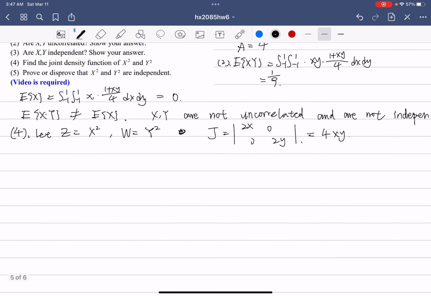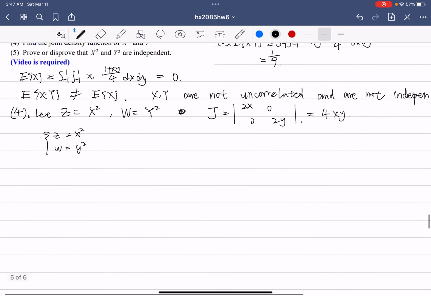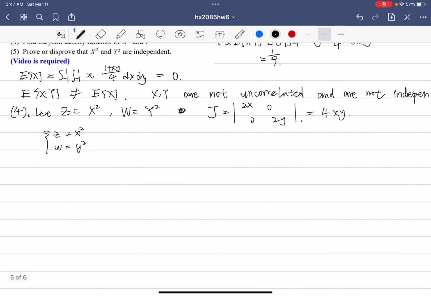Here z equals x squared, w equals y squared. This equation has 4 roots.